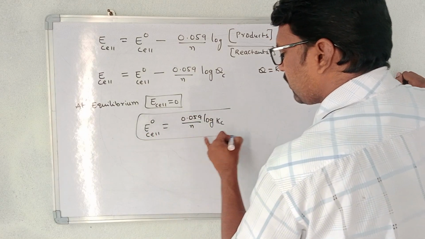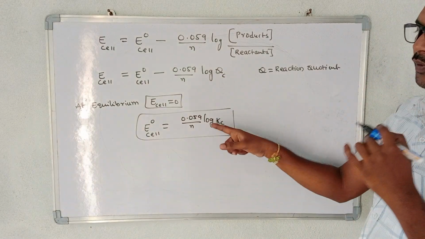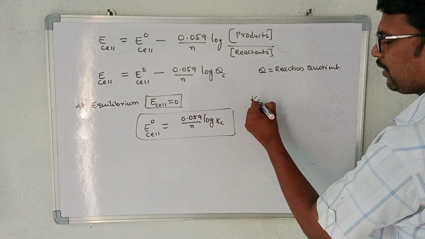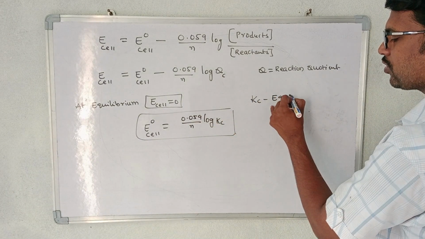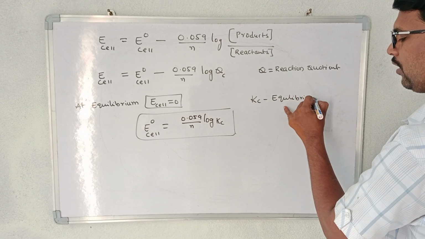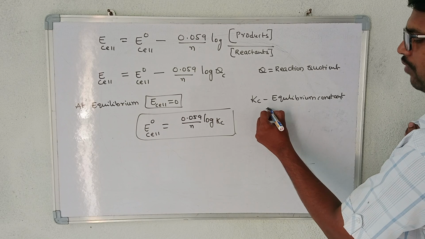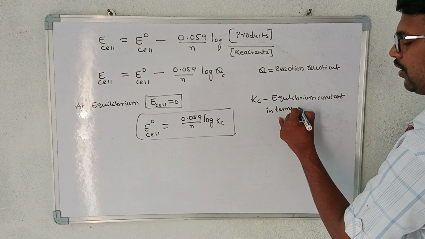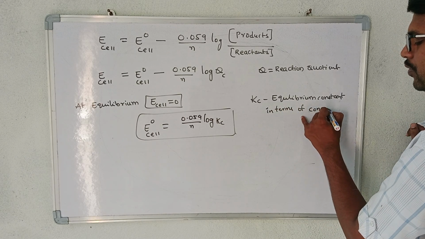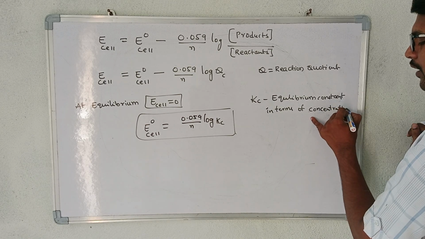That means at equilibrium, in place of Q we have to take K. Here Kc indicates the equilibrium constant at a certain temperature. It is the equilibrium constant in terms of concentration, so if you write the equilibrium constant in terms of concentration, we write Kc.